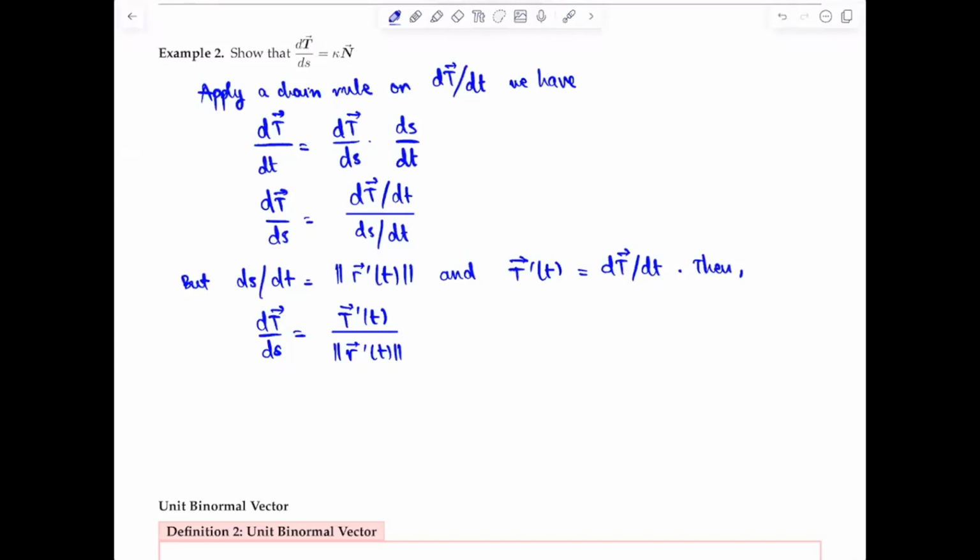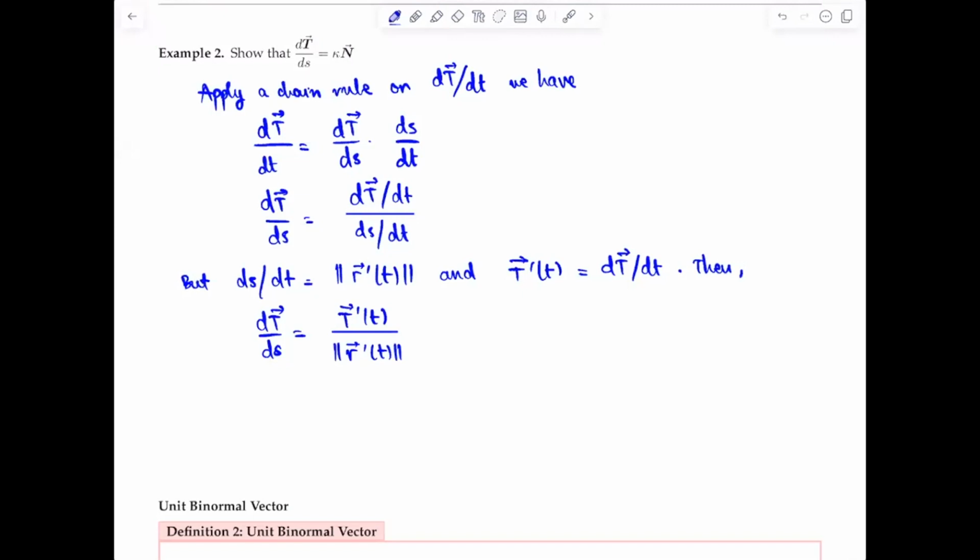In the denominator, you have the magnitude of r prime. The magnitude of r prime is equal to what? The magnitude of T prime of t divided by kappa. You okay with this? Just switch places.